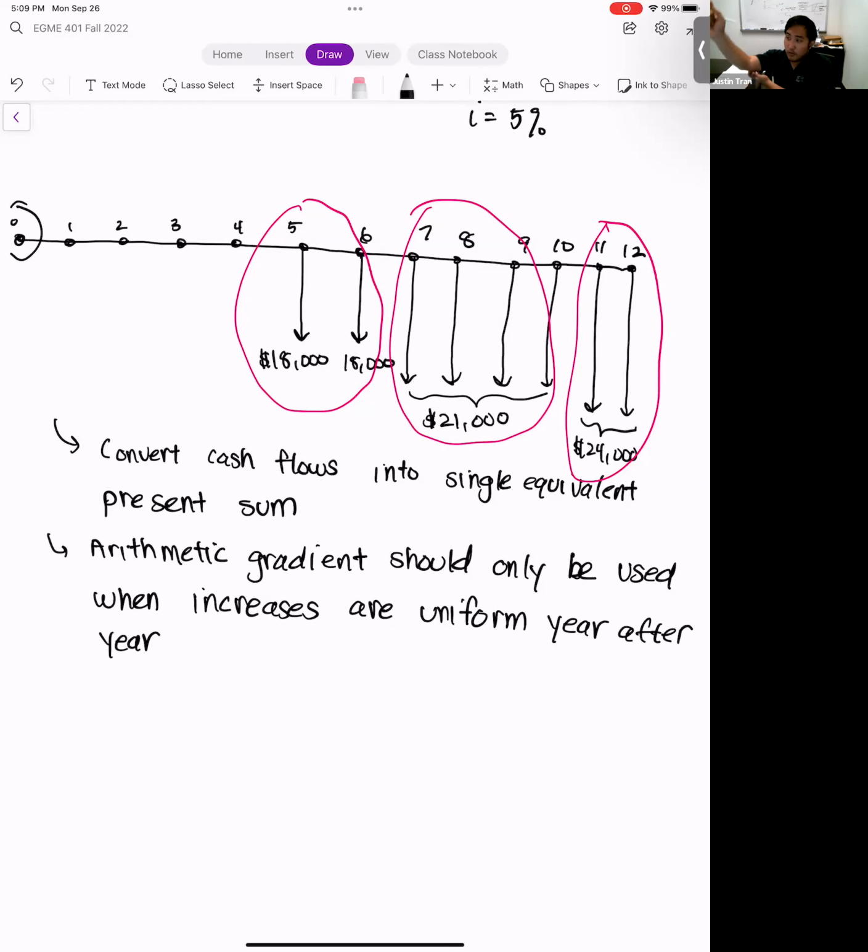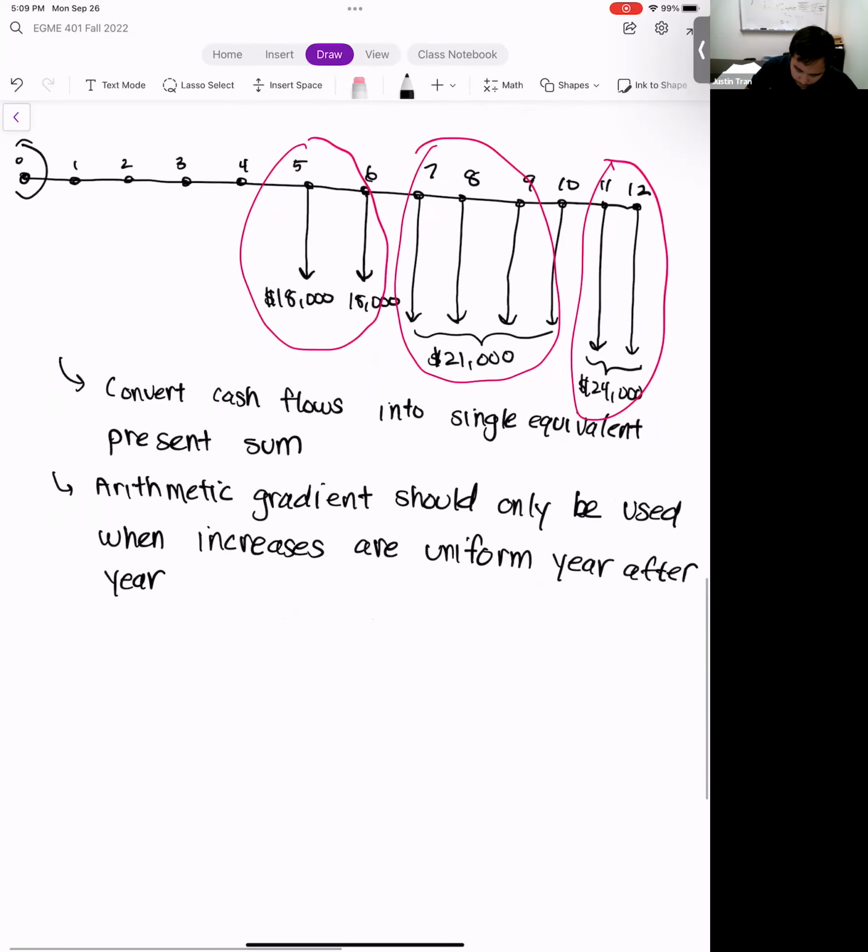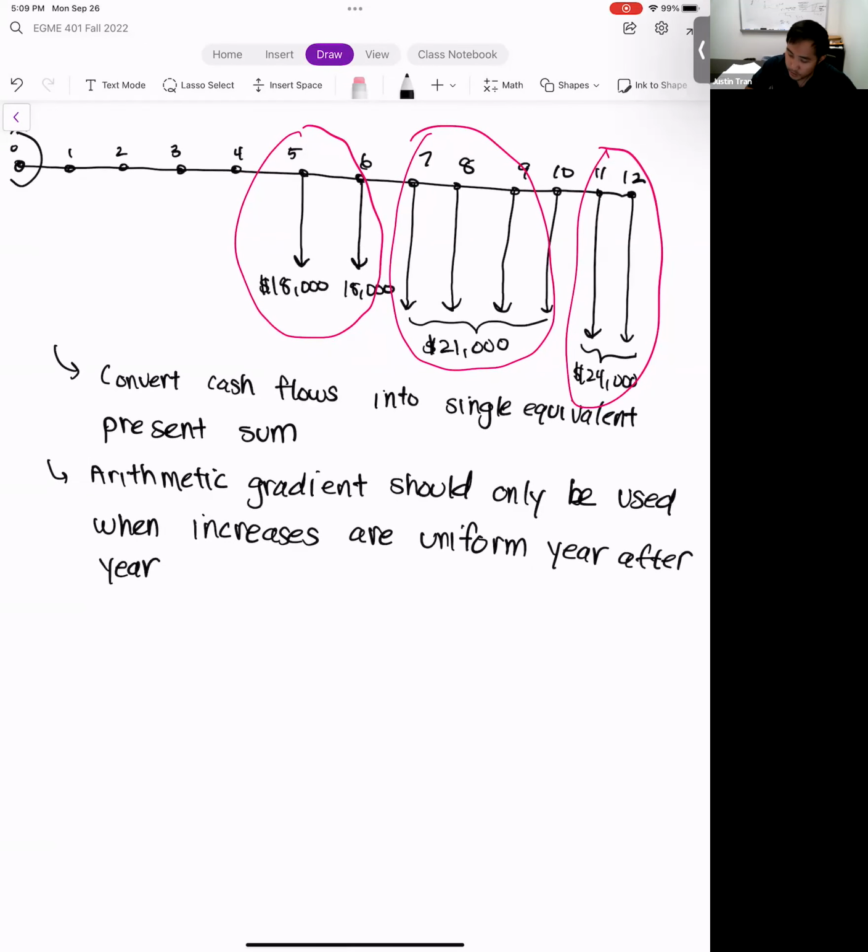And so what we have instead are 3 separate uniform series. Okay. And so let's work on each of these series one by one. Let's start with the $18,000 series, and that's in years 5 and 6. Okay.